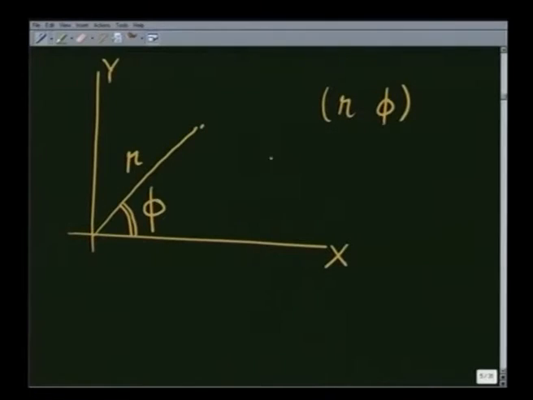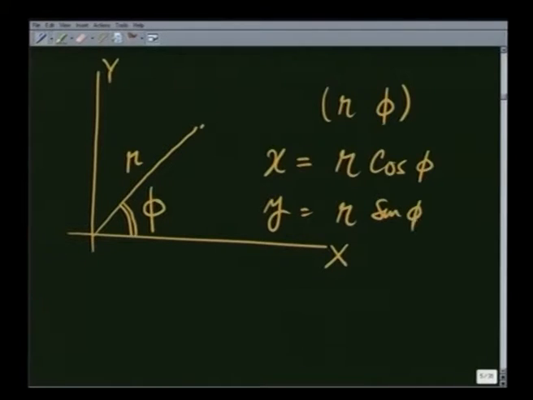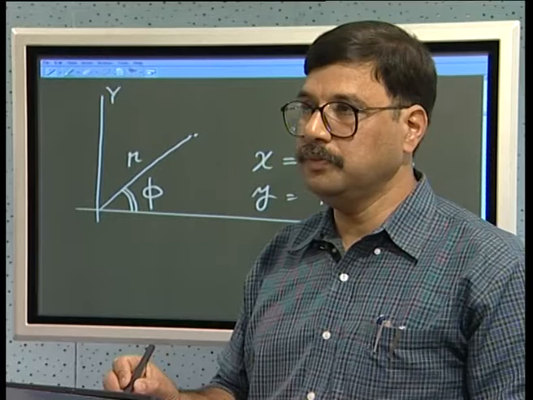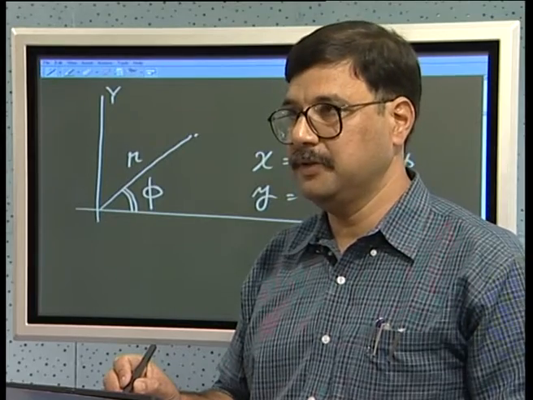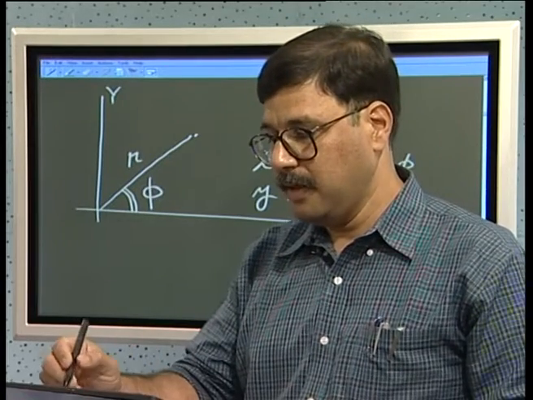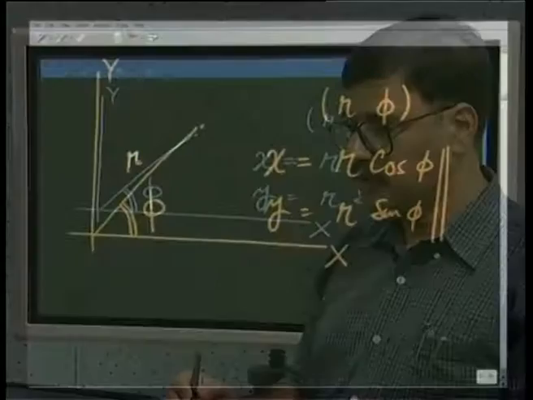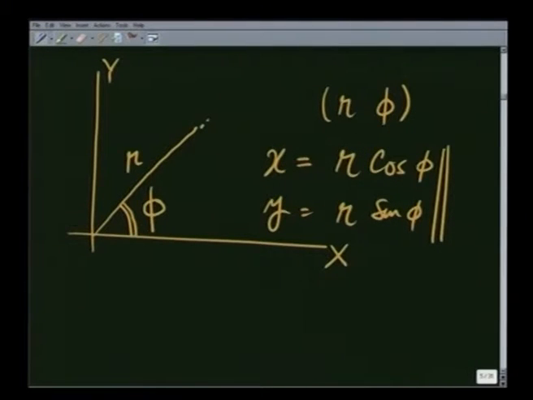Obviously, x coordinate is given as r cosine of phi and the y coordinate is given as r sine of phi. I also need to give the unit vectors in this coordinate system if I want to describe a vector quantity. The unit vectors are given as r unit vector in this direction and the other unit vector is in increasing phi direction perpendicular to r. So, it is in this direction, which I will call the unit vector phi.